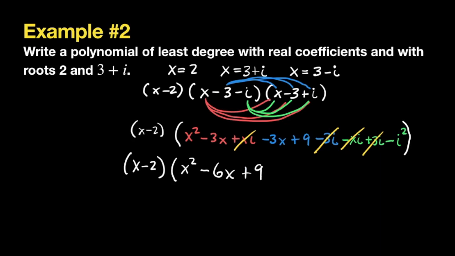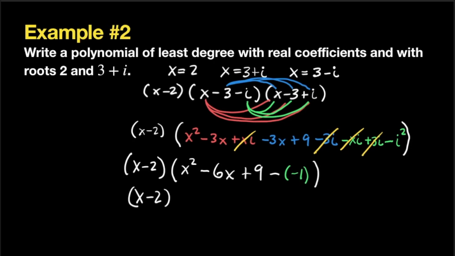And we have negative, and remember that you have a negative 1. That's coming from the i squared. So this is x minus 2 times x squared minus 6x plus 10.